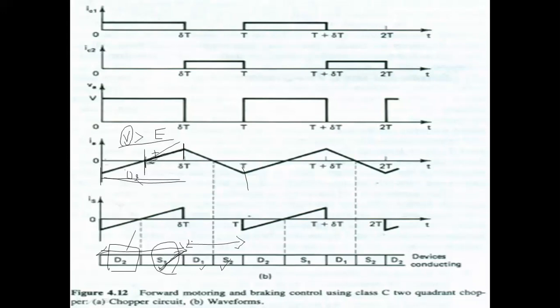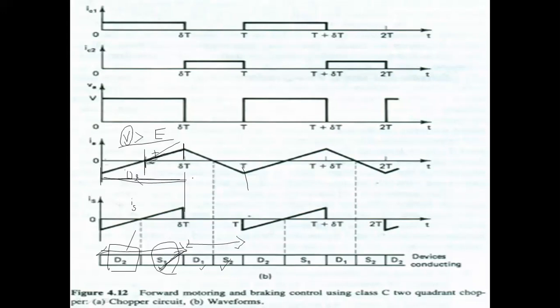The source current will be flowing only during this interval, 0 to delta T, and its value is IS.